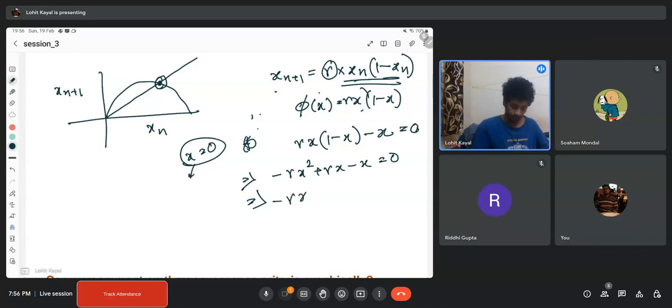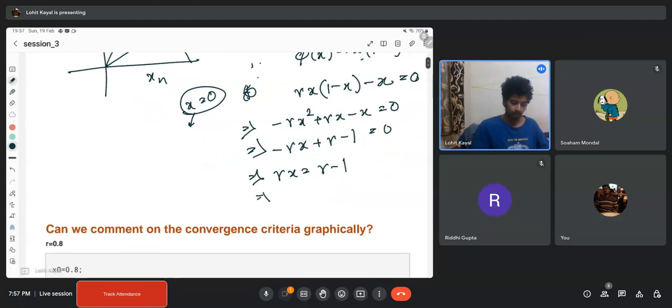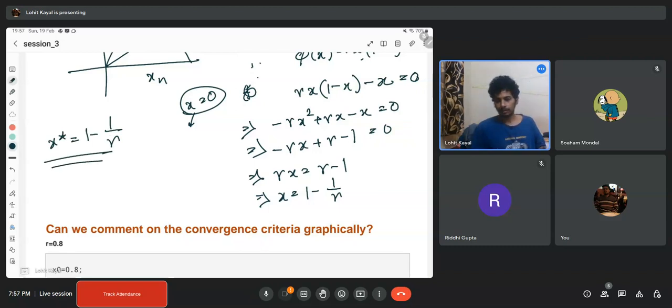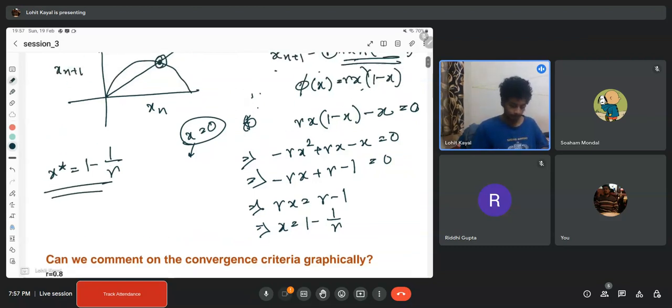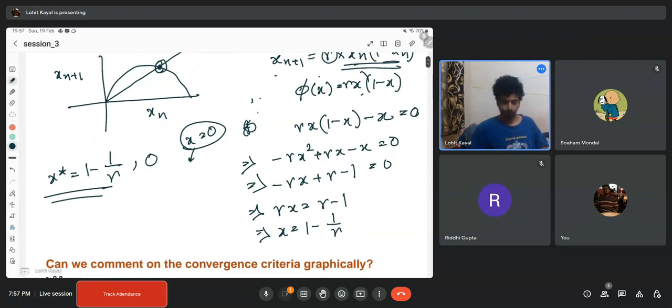So it will be minus r x plus r minus 1 equal to 0. This implies r x equal to r minus 1. So x equal to 1 minus 1 over r. So this x star equal to 1 minus 1 over r is one root, and x star equal to 0 is another root.